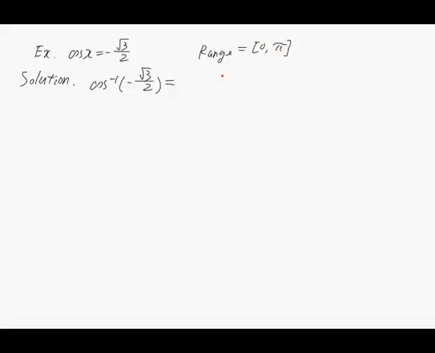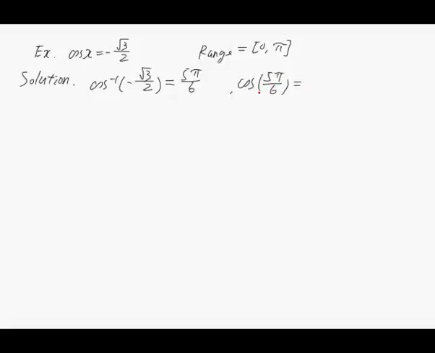So that means this inverse cosine value must be between 0 and pi, right? Now, what is the angle? 5 pi over 6, right? Actually, when you evaluate the cosine of 5 pi over 6, you first find the reference angle, that is pi over 6, right?